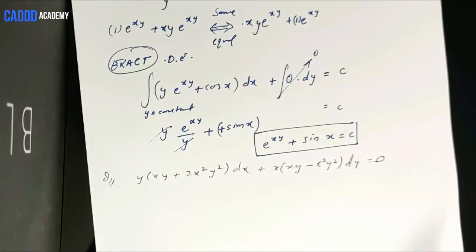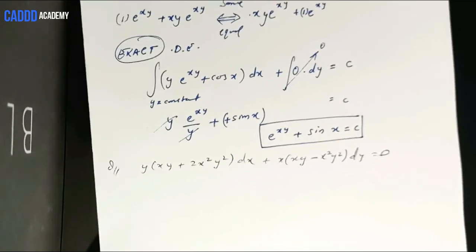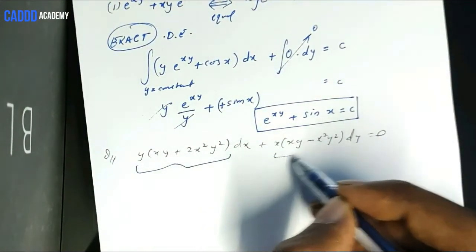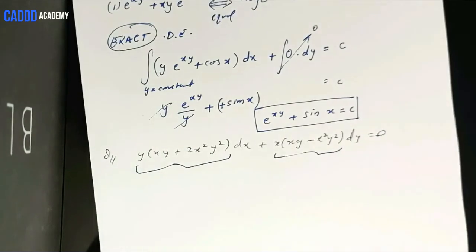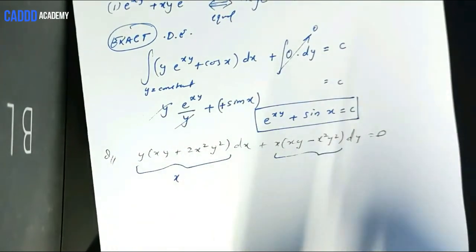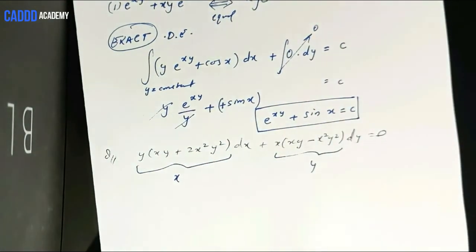I'm saying that it's not an exact equation, but please check it once. So when we have a non-exact equation, what we have to do: take this term as before, and multiply x to this term and multiply y to this term.